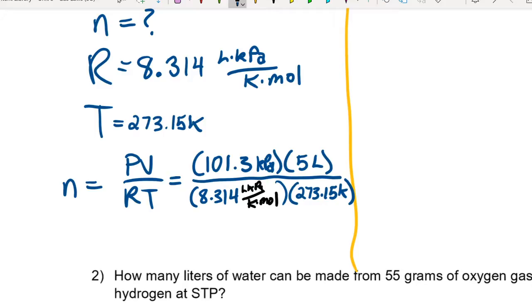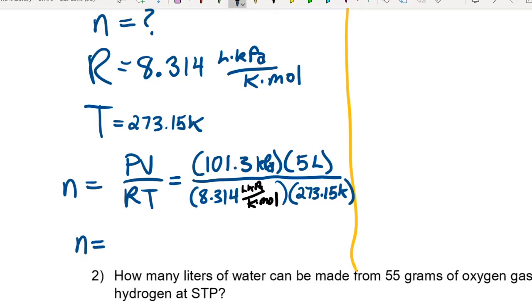And what's our temperature? All right, so there we go. Can someone do that math for me? We should be talking 2 divided by 8, so roughly 0.25.